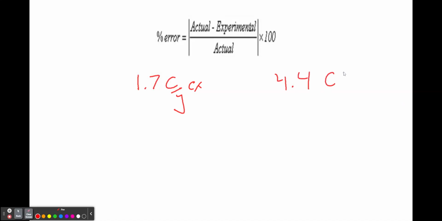Now I want to find my percent error. So I got 1.7 calories per gram experimental and 4.4 calories per gram actual. And I just subtract those two, 4.4 minus 1.7.